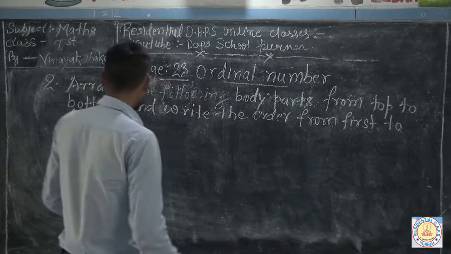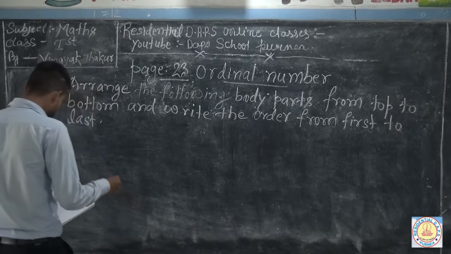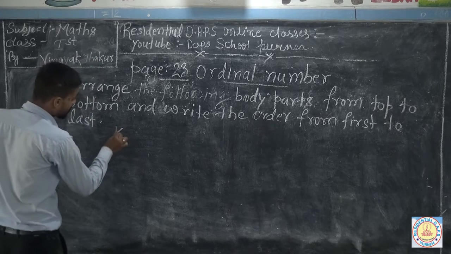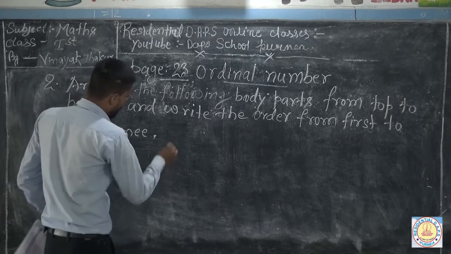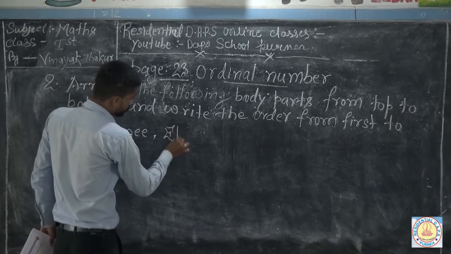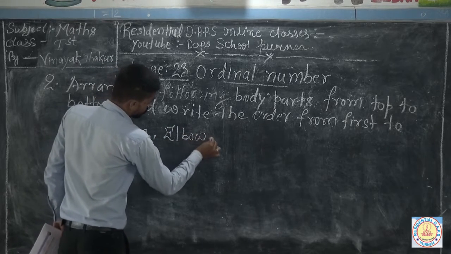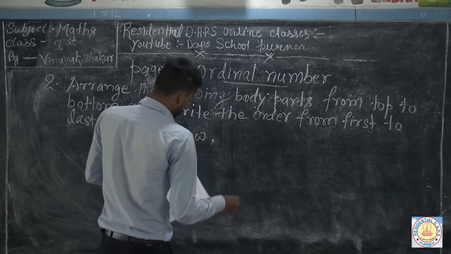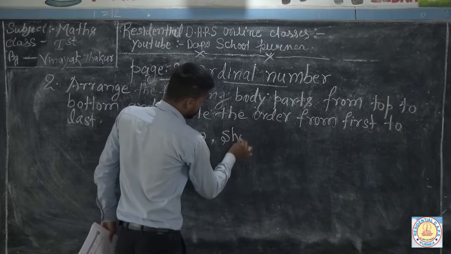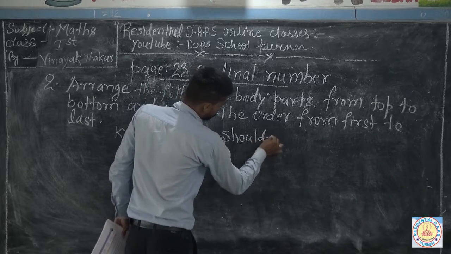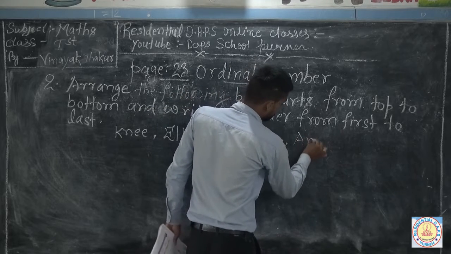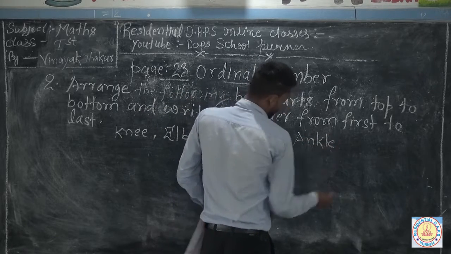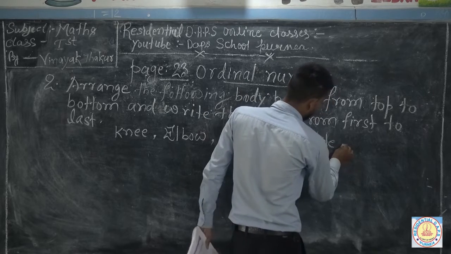So your given parts are knee, then elbow, shoulder, next one ankle, and in last wrist.